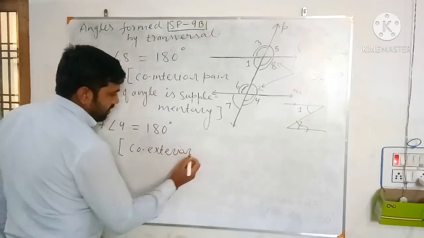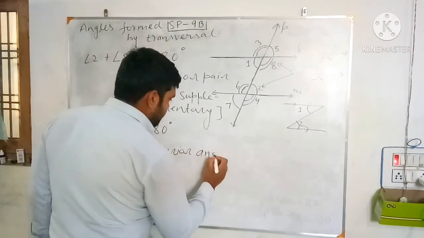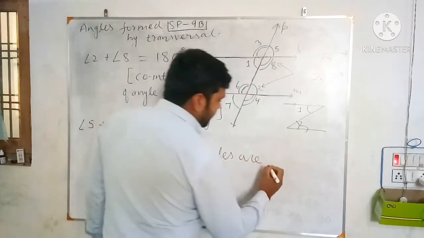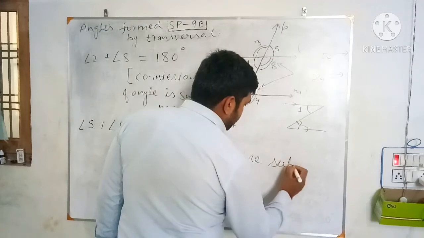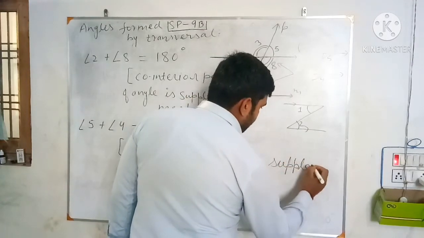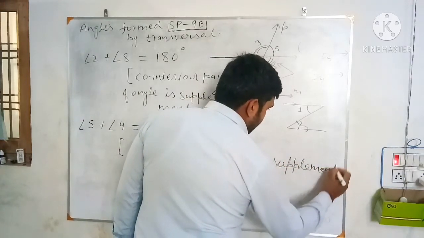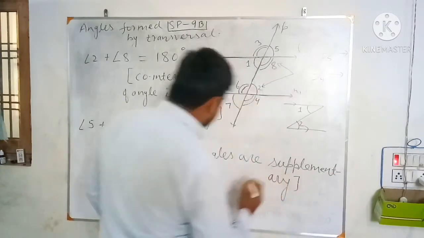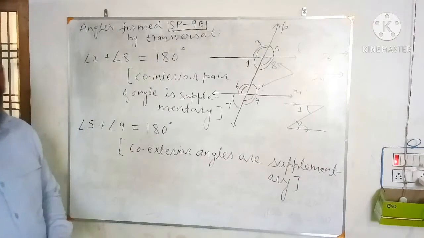Co-exterior angles are supplementary. So co-exterior angles are supplementary. That's why their sum is 180 degrees.